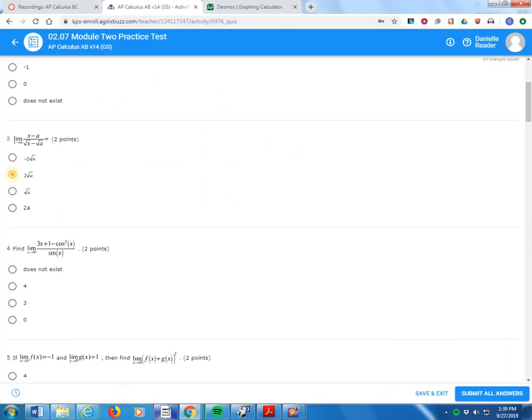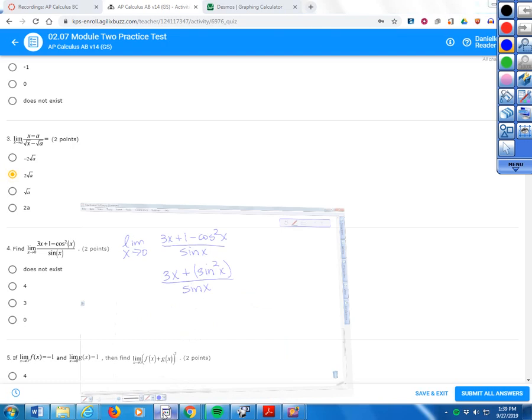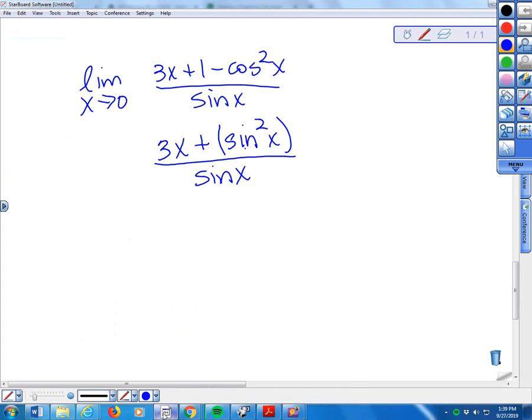It's 3x plus. So I can't cancel here. This is the same thing as 3x over sine x plus sine x. So now I still have 0 over 0. This is actually 0 when I plug in 0.